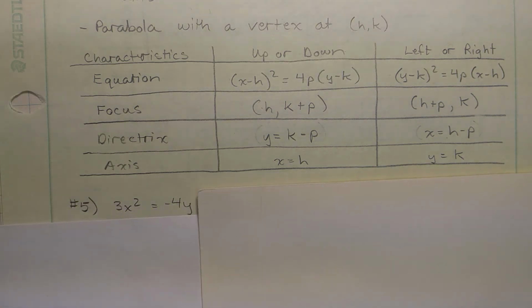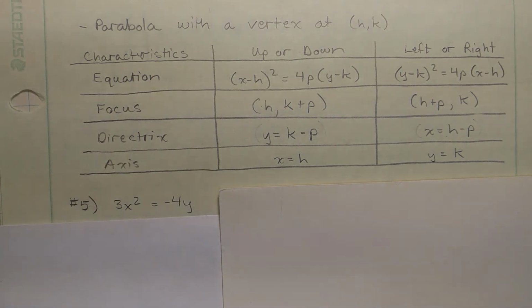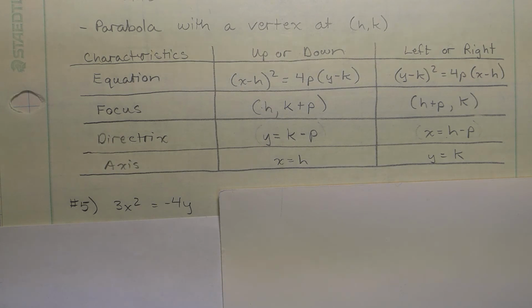So what kind of things are they going to ask you to do? So I had to pause there for a second and open up my book. Here on 5, they give us this equation for our parabola: 3x squared is equal to negative 4y.